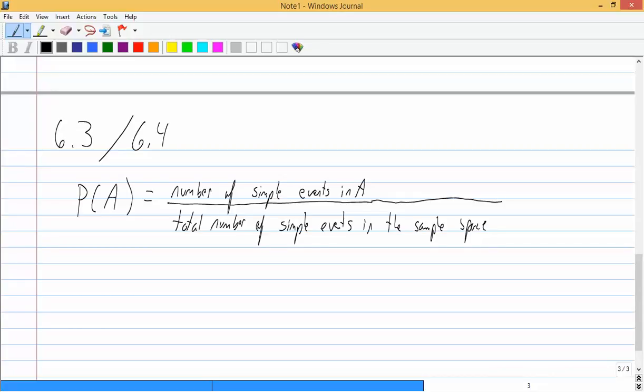So, for example, if I wanted to know the probability of getting a head when I toss one coin, there's one way that can occur. That's if the coin lands on heads.